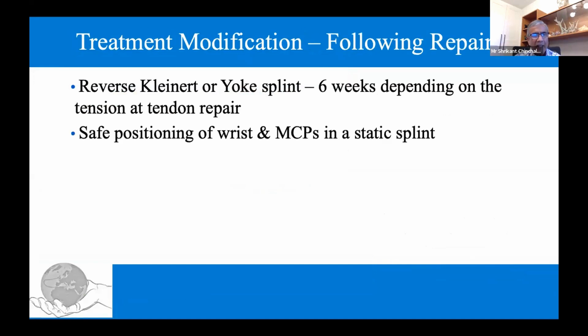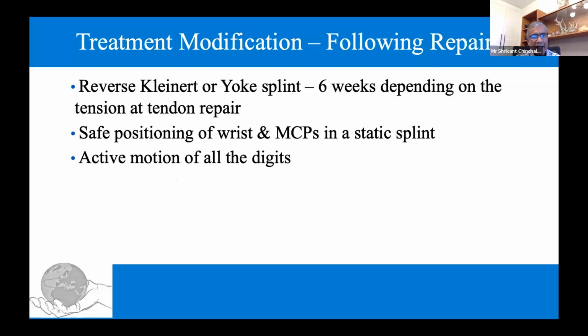If the reverse Kleinert is recommended for the management of this repair, then it is essential for us to identify how much is the safe arc of motion permissible at the metacarpophalangeal joint as well as the interphalangeal joint. And secondly, if a resting or static splint is recommended, it is always essential for us to understand the safe positioning of the wrist and MCP joint in a static splint.